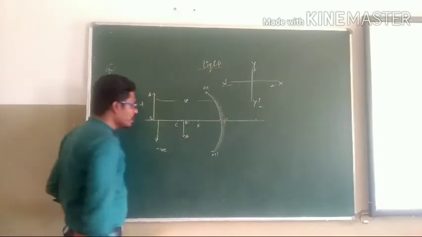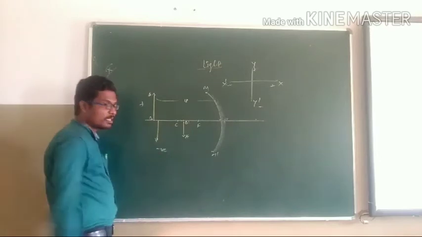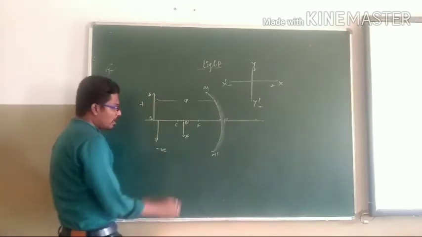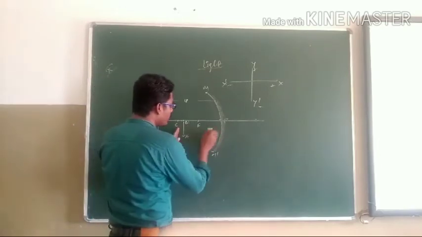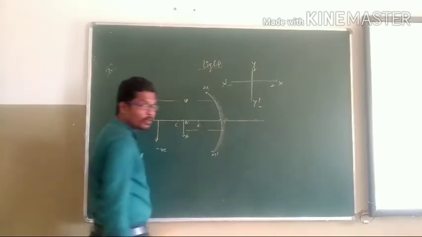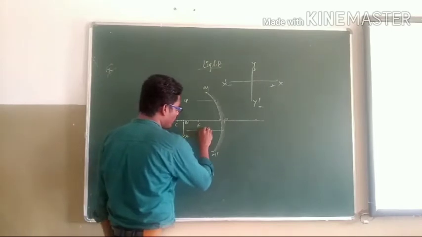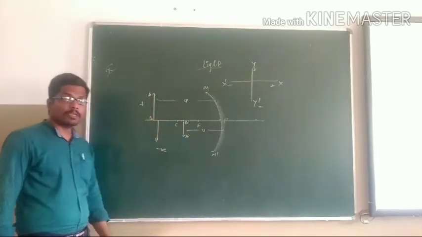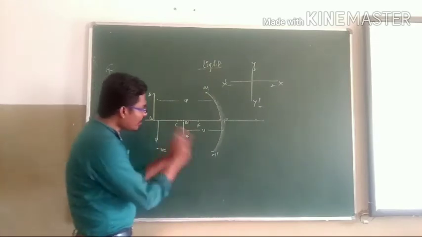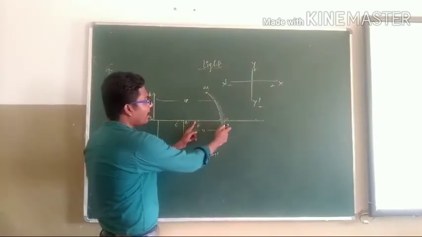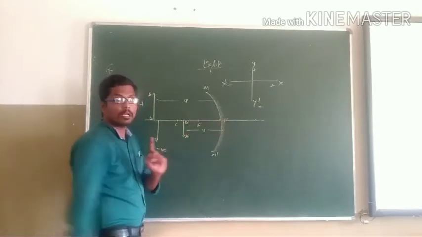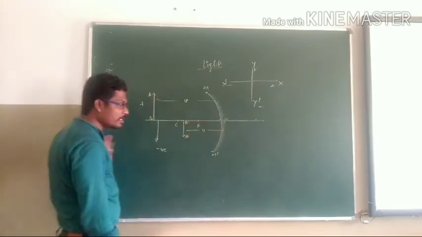It's very clear. Now the image is formed here at this particular point. The distance of the image from the pole is taken as v. And the distance from the focus to the pole is called as the focal length.